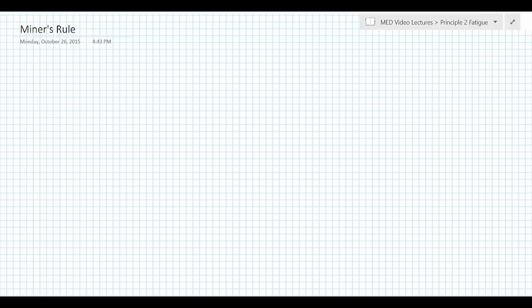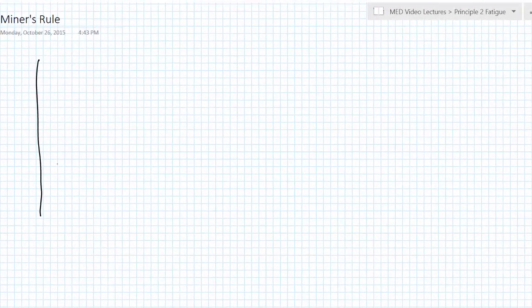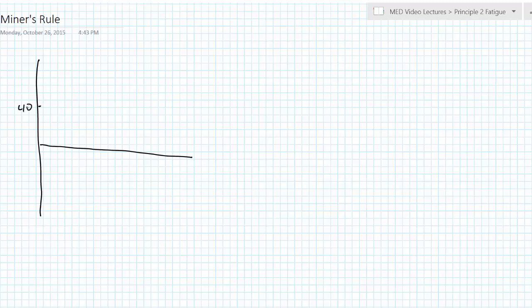So now we're going to look at what happens when we have more complicated loading, more complicated patterns in our cycles. For example, consider a part where the loading scenario looks like this. For a certain time, the stress fluctuates. We'll call this 40 and 80, and we'll call this negative 20 and negative 60.